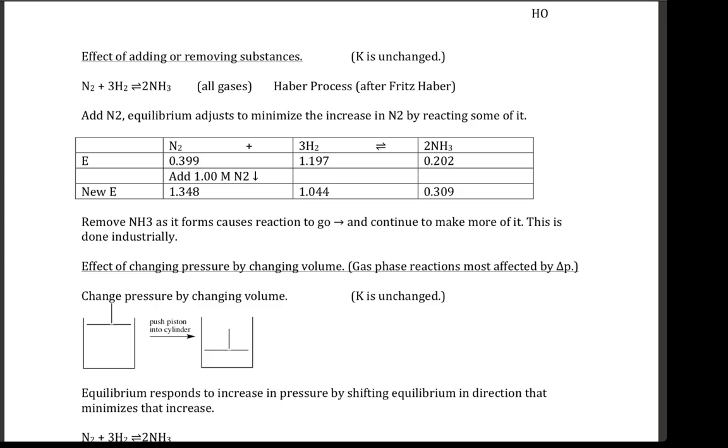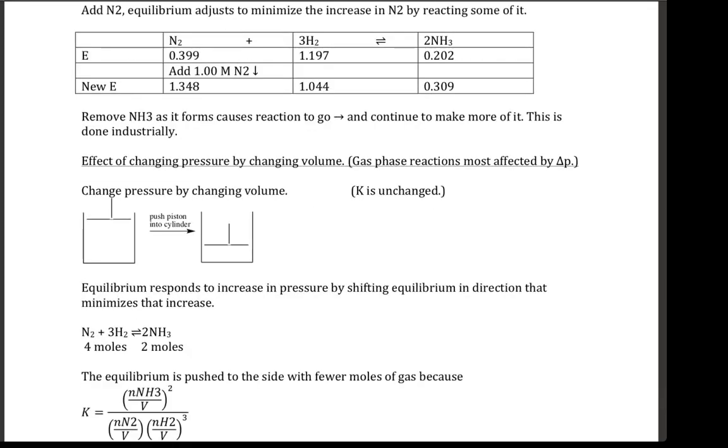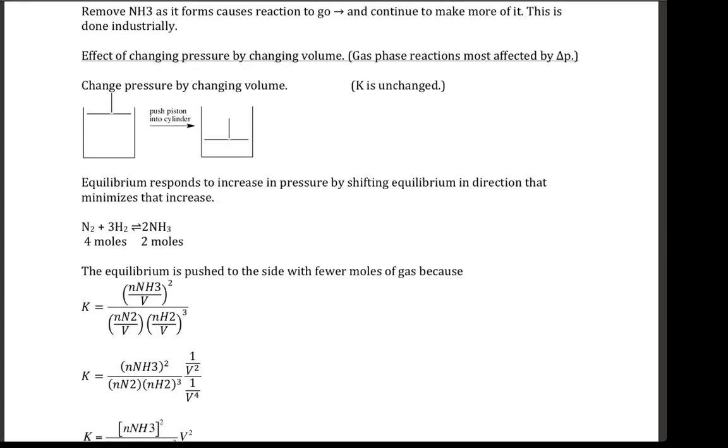So industrially, ammonia is pulled off, removed as it forms, and that helps to drive the reaction to make more of it.